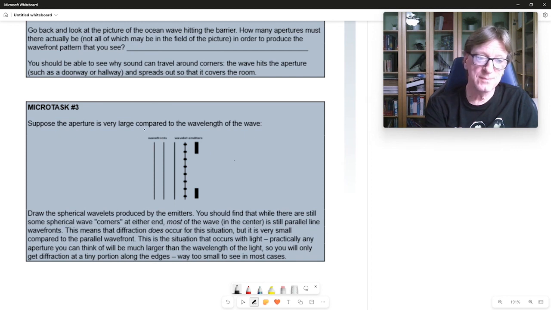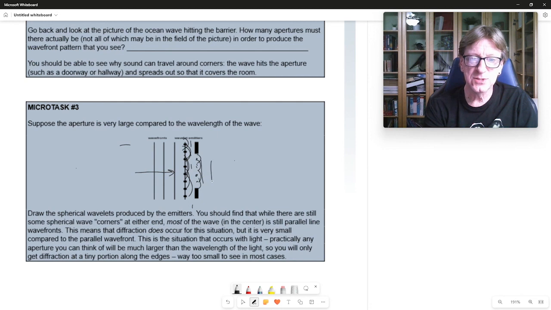You got it? Okay, so my wave is coming in this way, and now I've got these spherical wave emitters that are going to look like this. And so they're going to reinforce here. But as soon as they get to the aperture, most of the wave is actually still going to be straight. But there will be a little bit that bends around the corner.